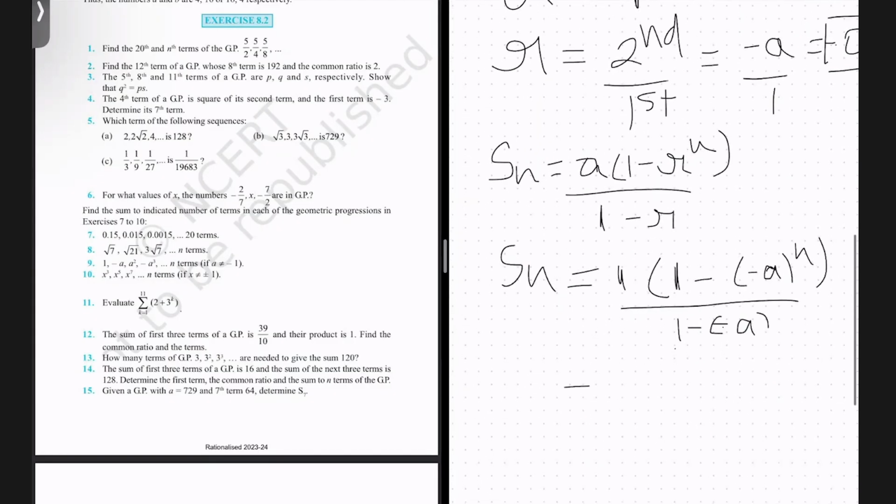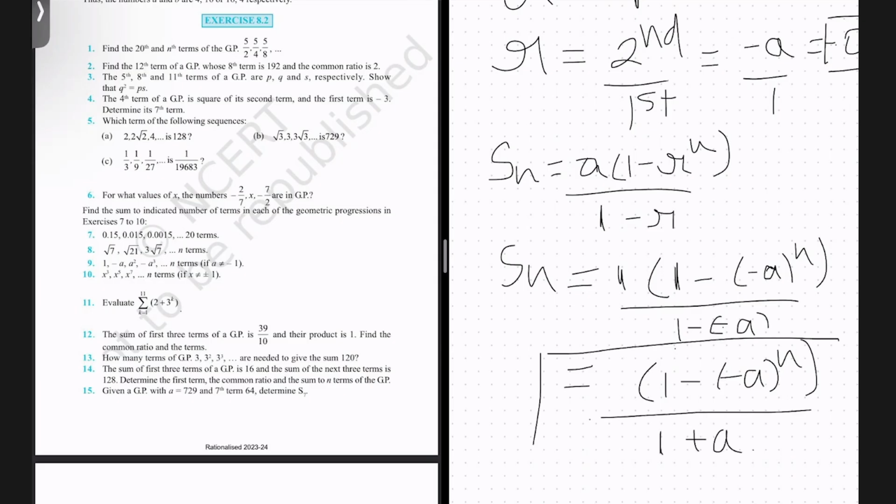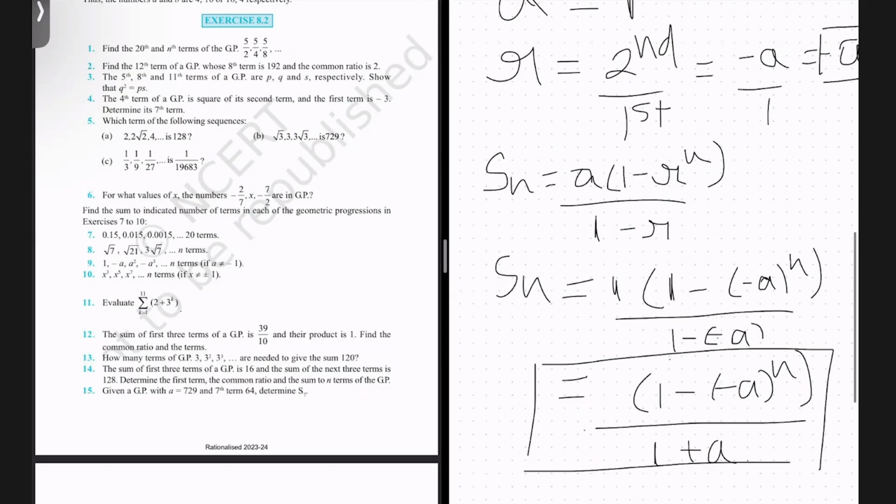Right. Then what you have is 1 minus minus a raised to the power n, and you can omit this 1 because that is not going to change your answer, and in the denominator you have 1 plus a. That is going to be your Sn. Correct. Very easy, very simple for us to understand. And yeah, that was all. Right.